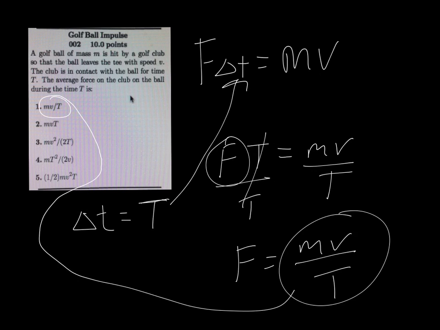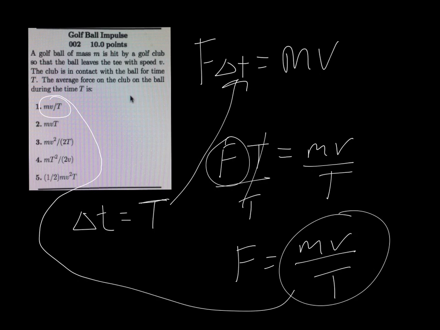All right? So now, the next thing we need to talk about is what all this means. You apply a force to an object to change its momentum. In this case, the golf ball's momentum was 0 because it was on a tee. It was not moving. Its velocity was 0, so its momentum was 0. You apply a force to it in a given time. That force times the time applied will directly tell you what your new momentum is. Because you have a mass and you require a force to accelerate it and give it a velocity, you will then have momentum.